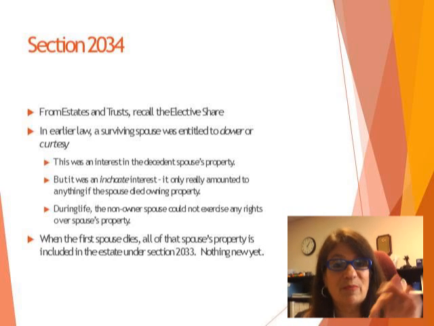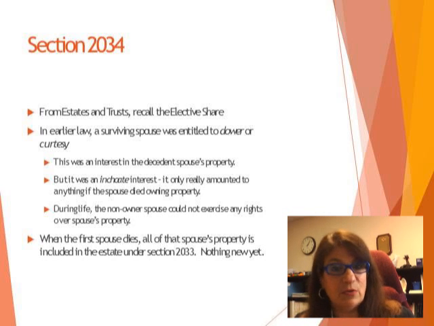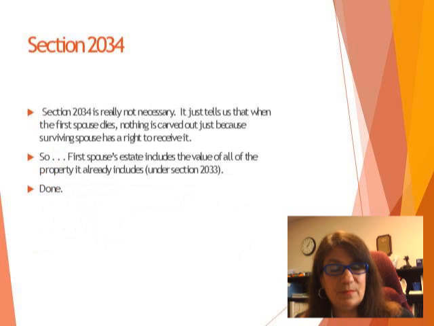But the important part for us is that when my spouse dies, everything my spouse owned is included in spouse's estate. That's Section 2033. There's nothing new yet. Section 2034 is really not necessary.